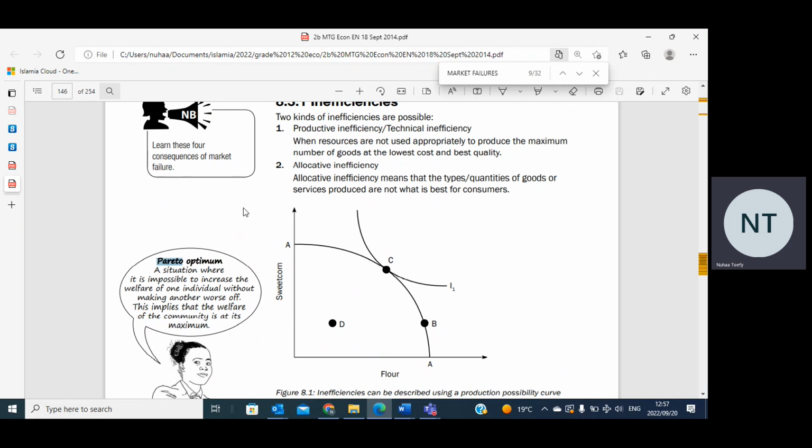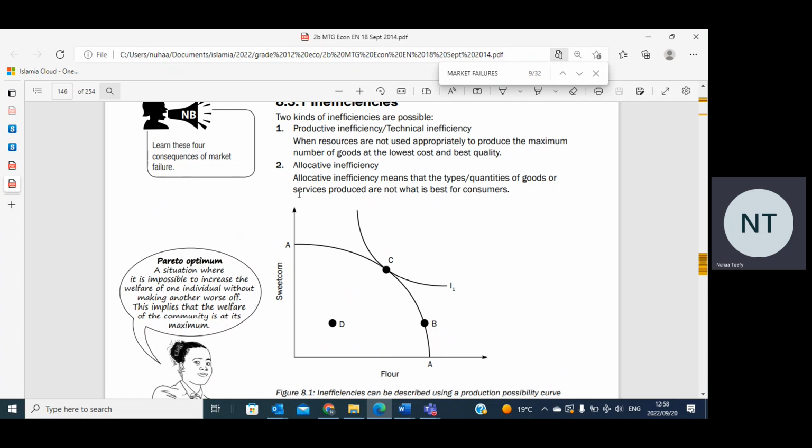Then there is a second type of inefficiency, which is the allocative or the Pareto inefficiency. This inefficiency says that if you do not distribute the correct mix of goods and services that consumers want or demand, then you are allocatively inefficient. So for example, I know for a fact I have 16 girls and the boys are about 14 or 15, and I say, right, tomorrow the girls are all going to wear yellow and the boys are all going to wear red.